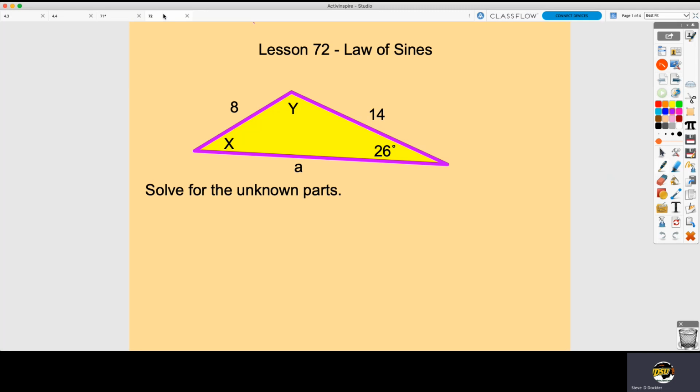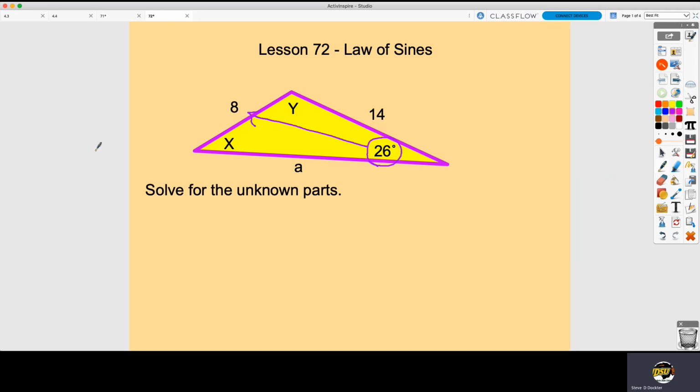All right, law of sines. Law of sines is when you are trying to find missing pieces to those triangles. All right, the biggest thing to know that you can use the law of sines is you have to have an angle and a side working together. You have to know both of those.